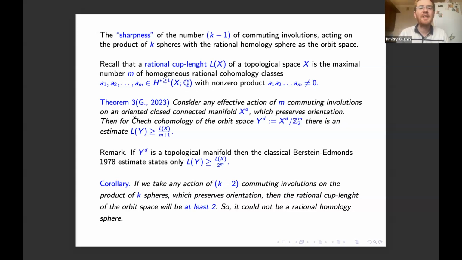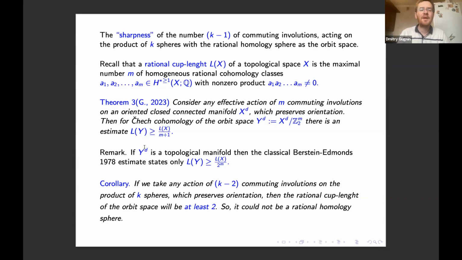For any effective action of m commuting involutions on an oriented closed connected manifold X^d which preserves orientation, for Čech cohomology of the orbit space there is an estimate that the cup length of the orbit space is greater than or equal to L(X) over m+1.